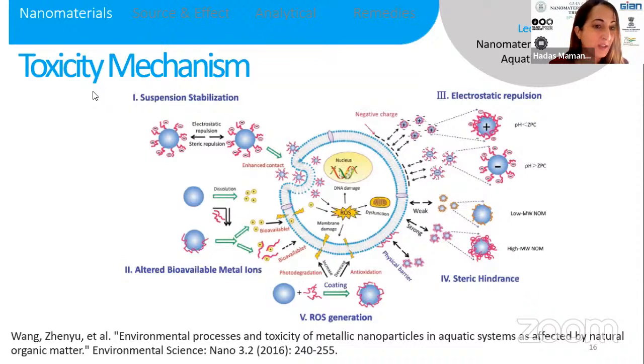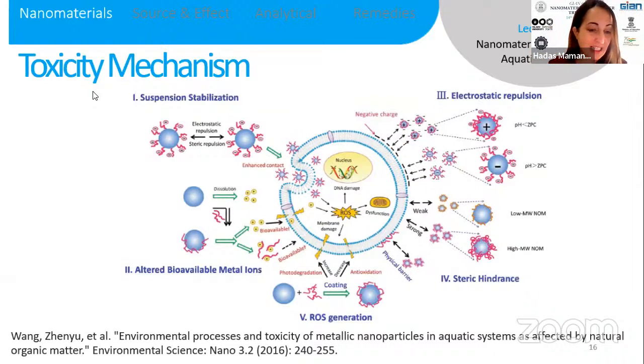In wastewater effluent, we can have maybe 10 to 15 milligrams per liter of natural organic matter. So this natural organic matter can have an important role in the interaction of the nanoparticles with toxicity.